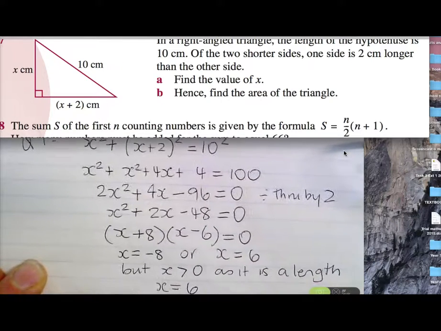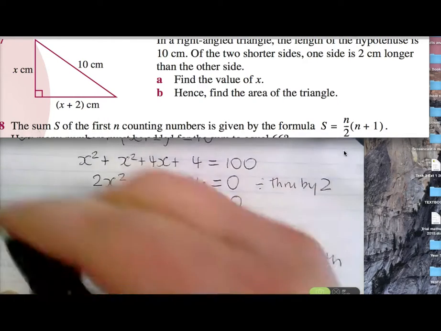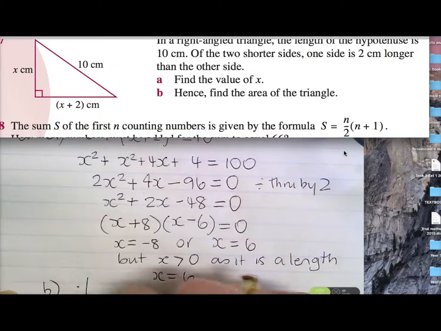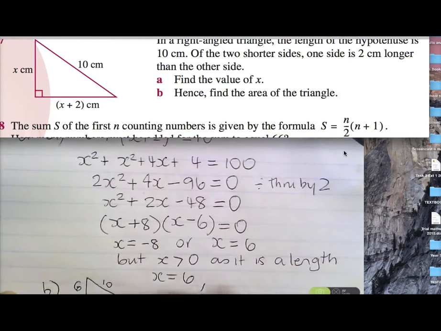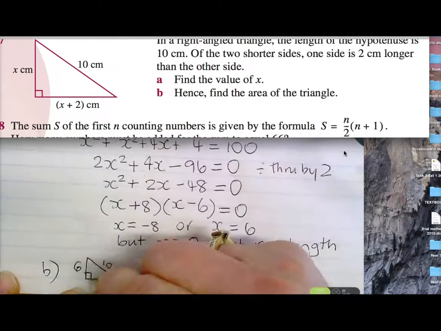So girls, if x is 6, what's the other side? So we found x, that's part A, all done. Now let's just draw up our little triangle. We've got 10, 6, and the other one's x plus 2, which is 8. So now can you do the area of the triangle?